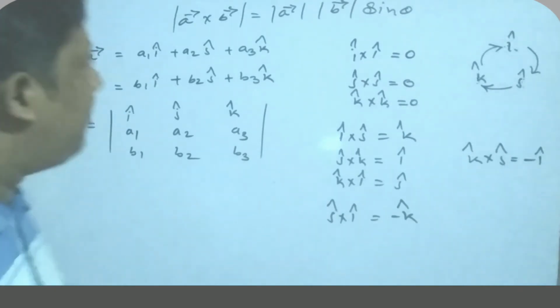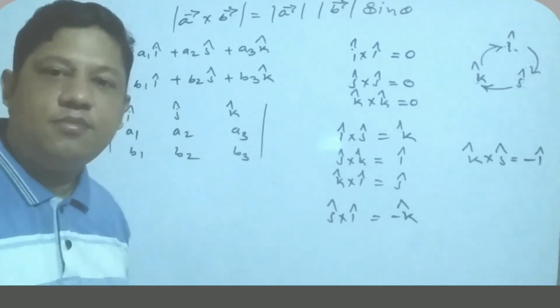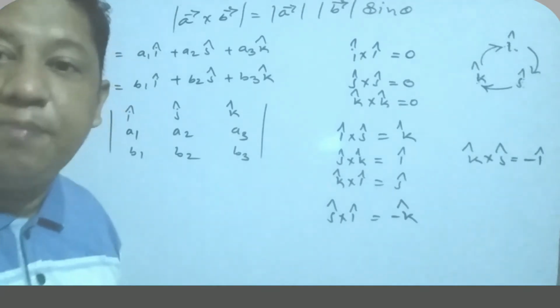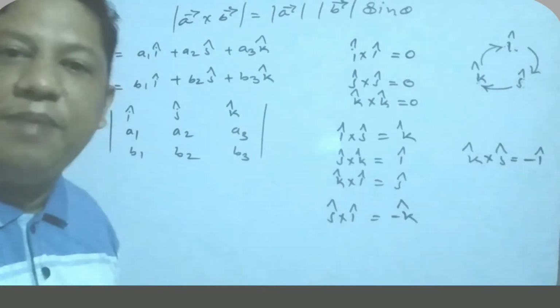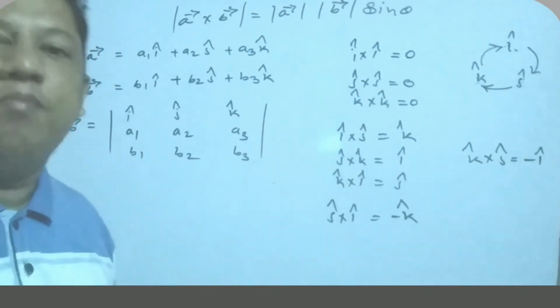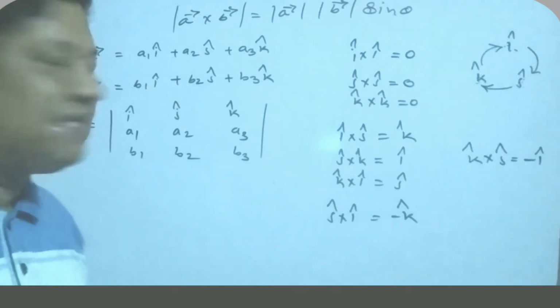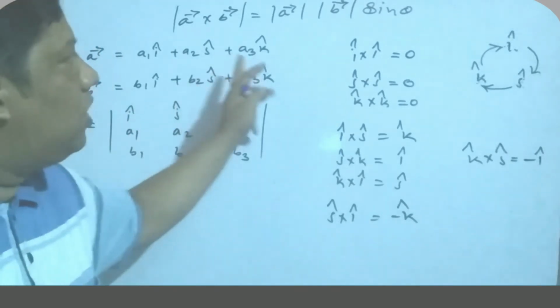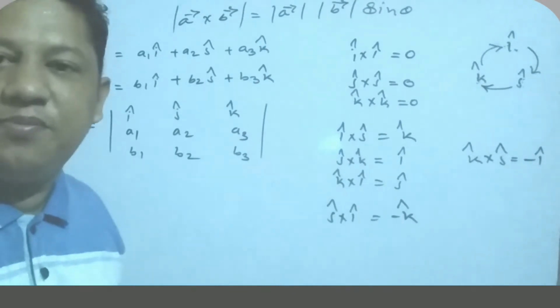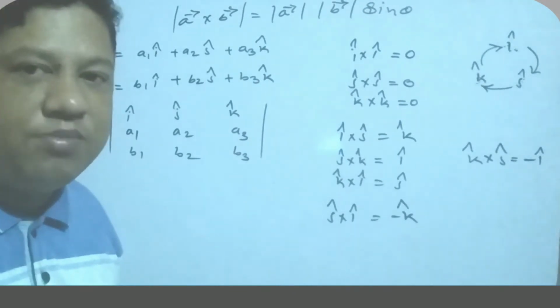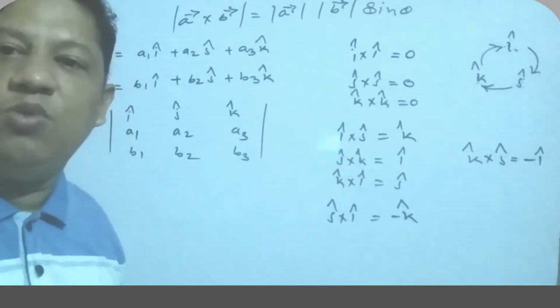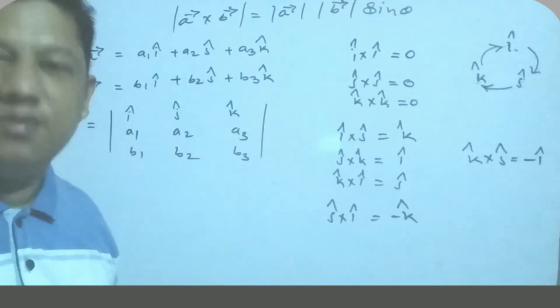And my students, if in any question it is given that you have to find the perpendicular vector to both the vectors A and B, in these cases, you have to find the unit vector of the cross product. The unit vector of the cross product is always perpendicular to both the vectors. Okay?